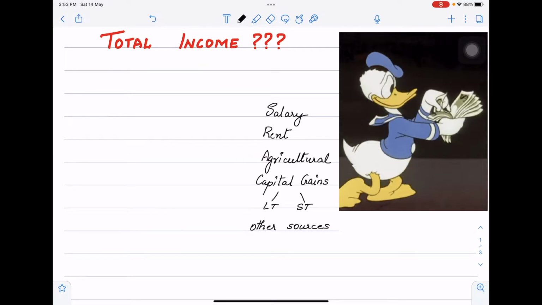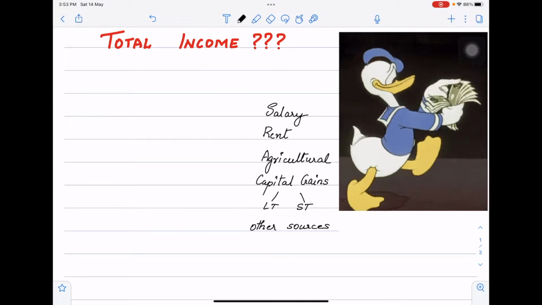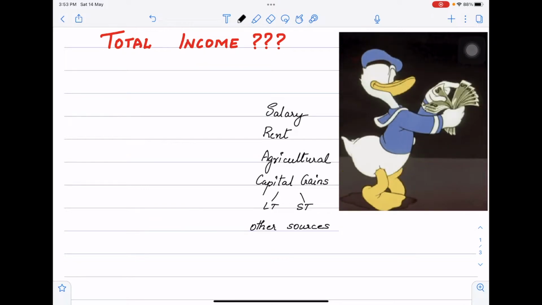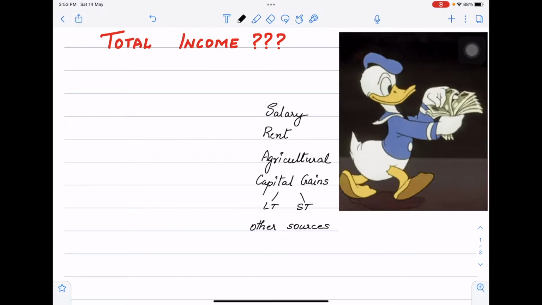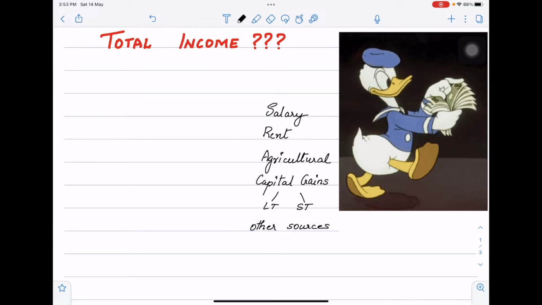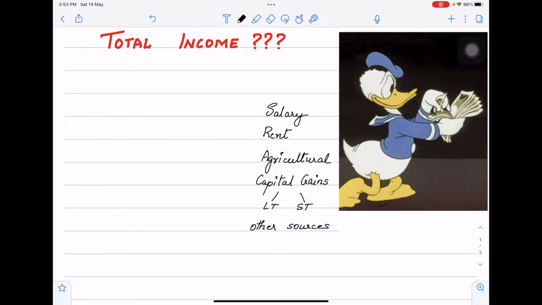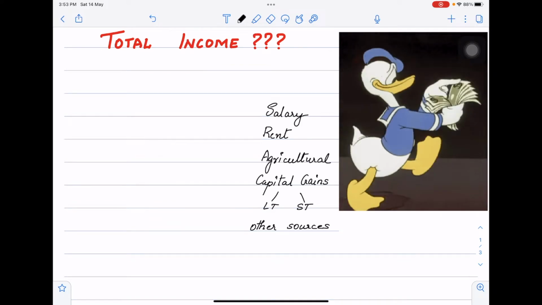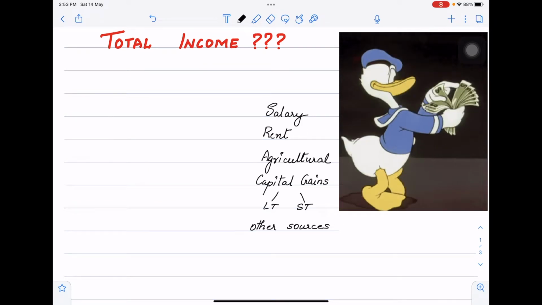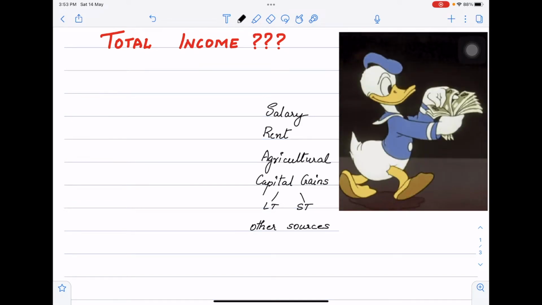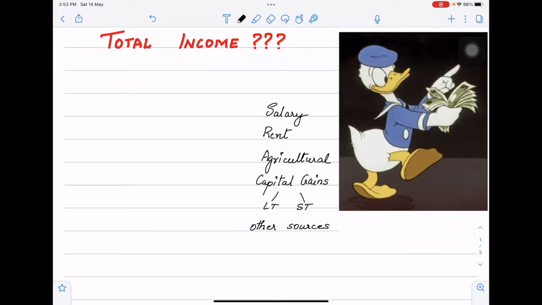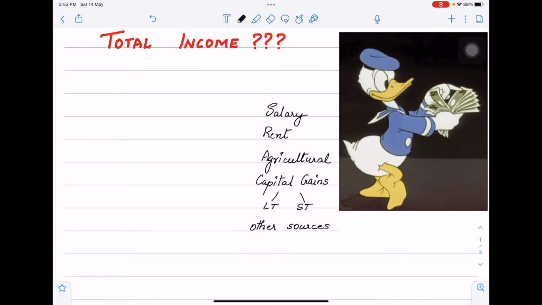So whatever money you're earning in the financial year, whatever source that may be, you have to take into account every single rupee that you earn in a financial year for the purposes of computing your total income. Now for what period of time are you going to look at it? You are going to look at the total income in a financial year.